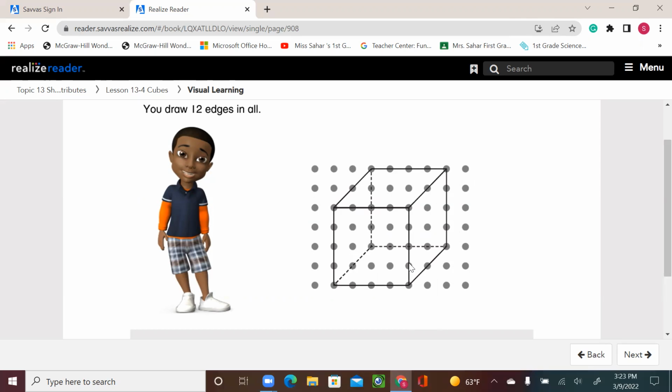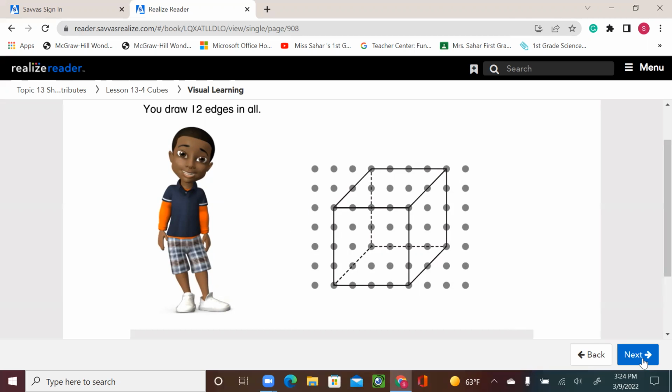Also, we know that each face of the cube is a square and it has 4 equal edges and 4 right angles. So that's why the other shapes that we have, like the green one, were not cubes, because two sides are different. The size of two sides is different than the other sides. And also the yellow one was a flat shape or square that is not three-dimensional.